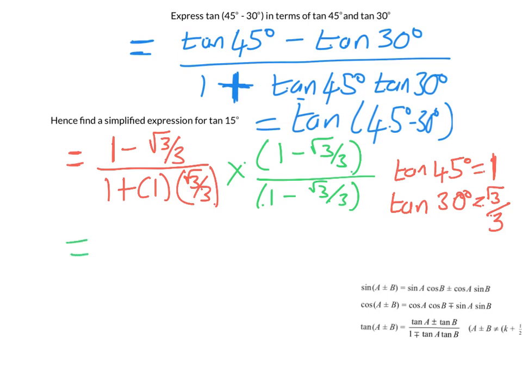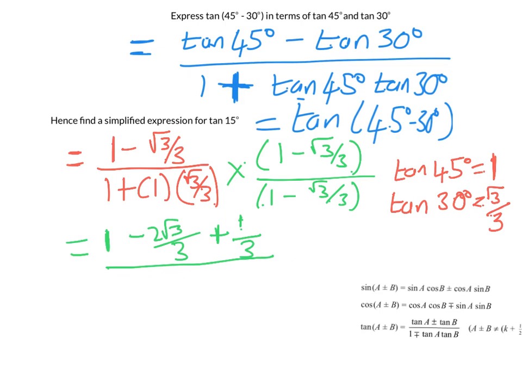So I've got 1 minus 2 root 3 over 3. And then I've got negative root 3 over 3 squared. So that's going to be 3 over 9 plus a third. Tidy this all up in a minute.